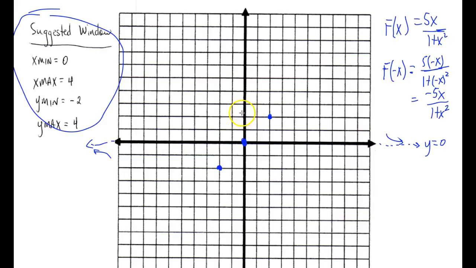So we could plot some other points, but we have enough going on here to kind of know how this is going to look. And so let's see if we just plugged in 1 for x. So let's figure out f of 1. That would be 5 over 2, which is 2.5.